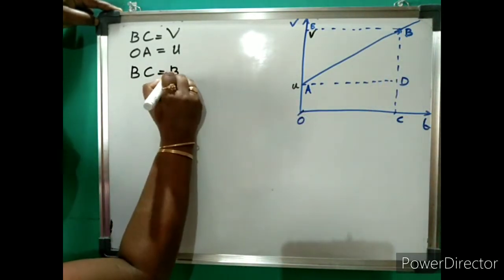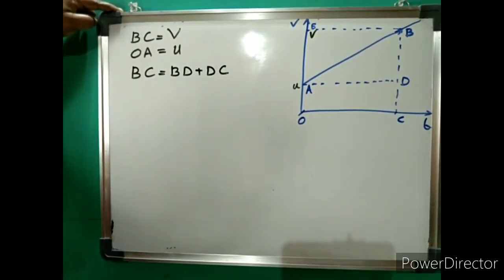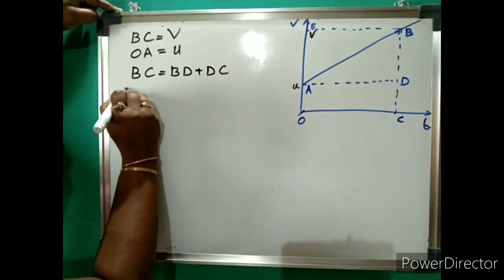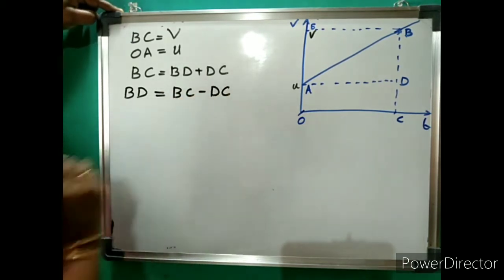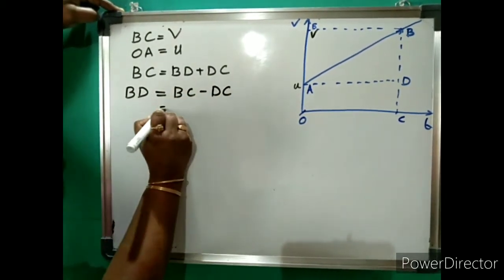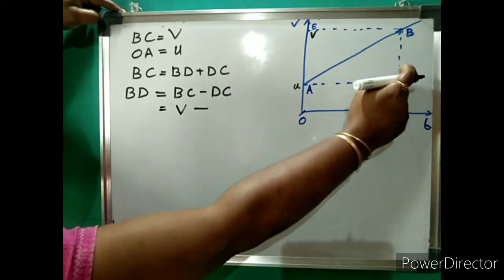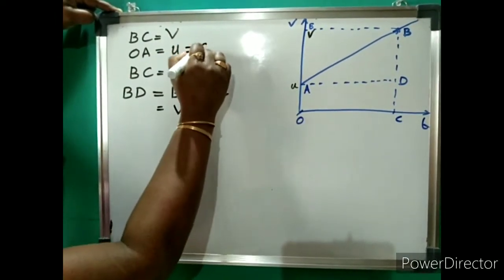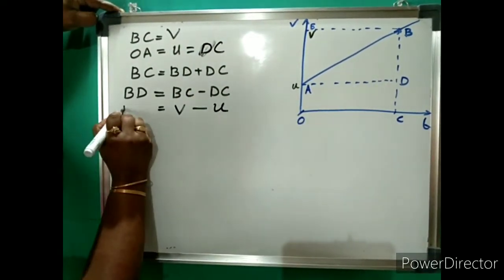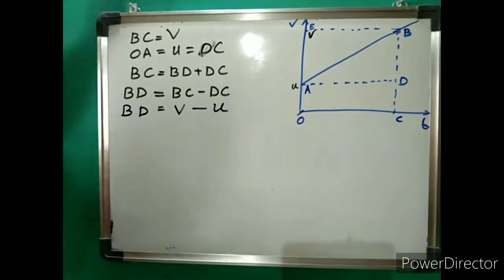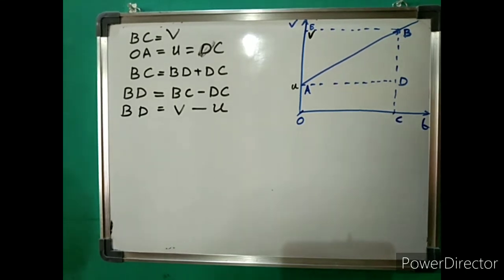From here, BD is equal to BC minus DC. BC is equal to V, and DC is equal to OA, so it is U. We can write BD is equal to V minus U.